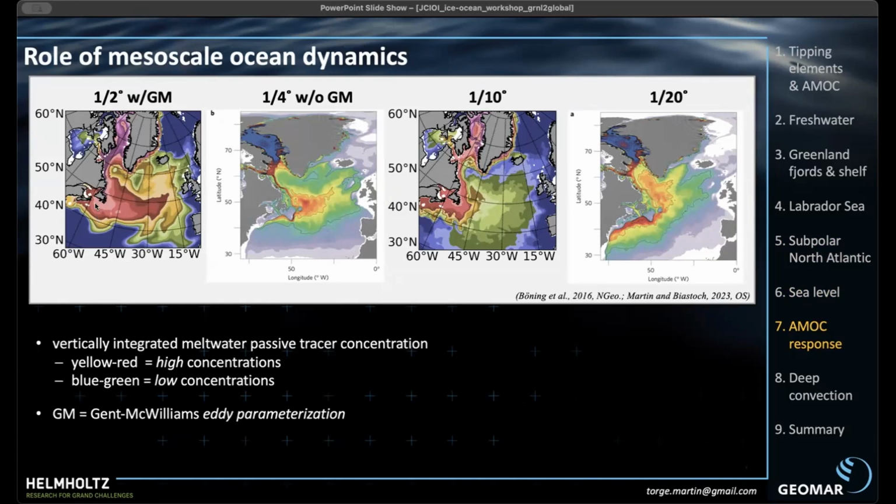What I mentioned earlier: on the very left-hand side, you have a half-degree non-eddying ocean, but with eddy processes parameterized. And then you have a quarter-degree ocean that does not really resolve mesoscale eddies fully in these high northern latitudes, but still the additional eddy mixing is turned off.